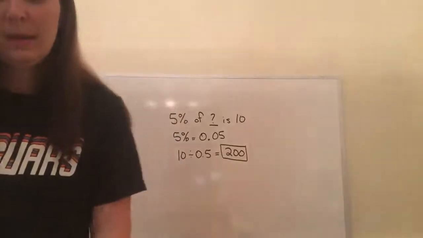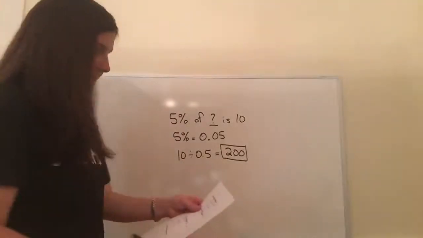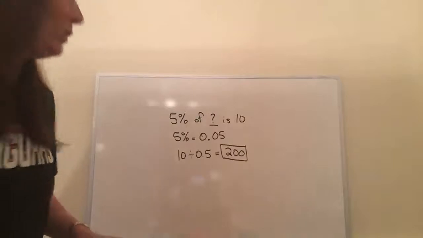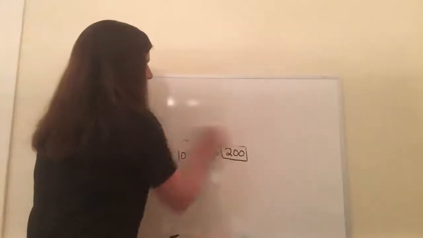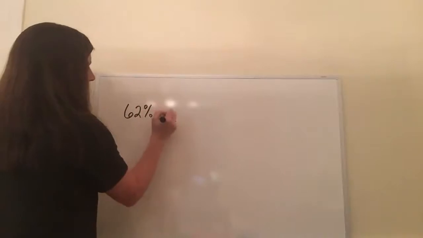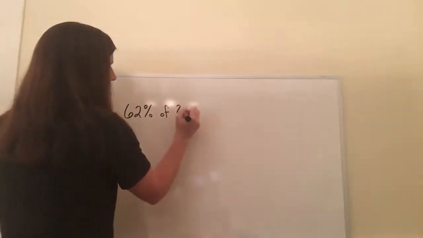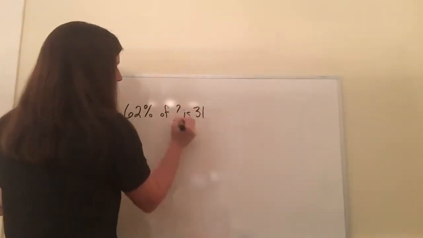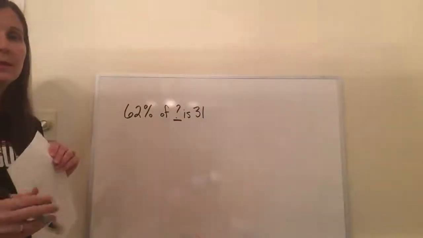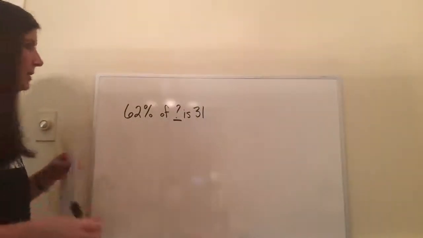All right, let's go to the next one. We have 4 more and then we are done. So this one, 62% of what number is 31?